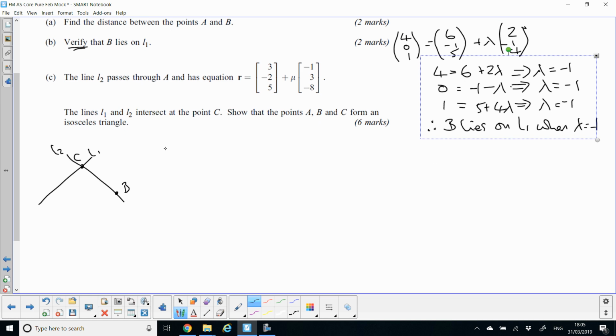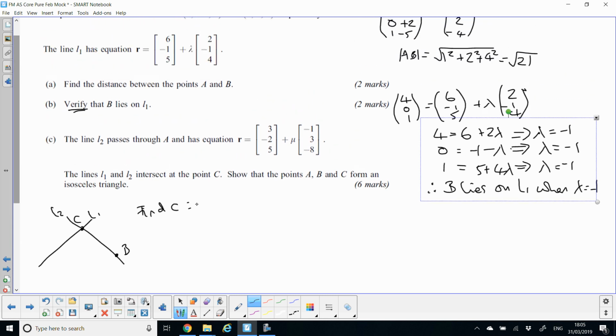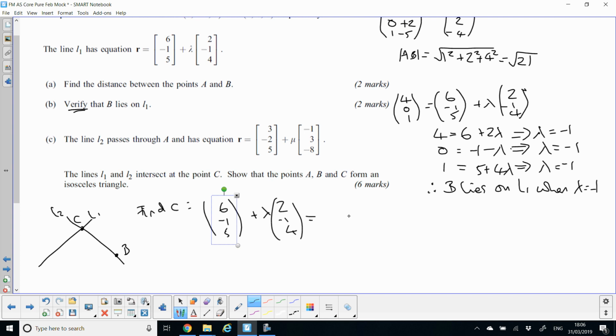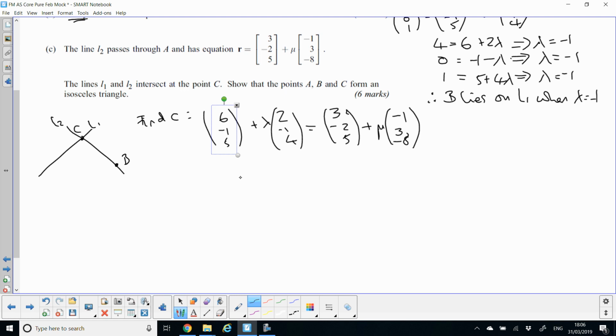Well, the first thing that might be useful to do is find point C. To find point C, I'm going to take my 2 line equations and make them equal to each other. From that, I'm going to get 3 equations that I want to solve simultaneously.